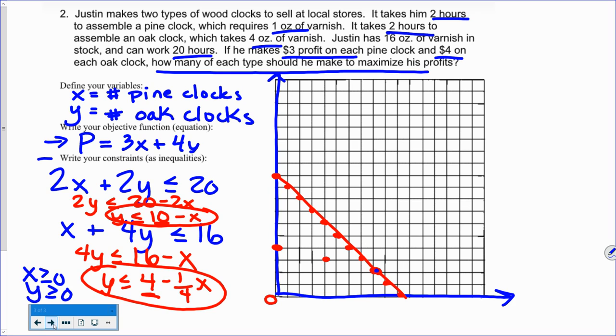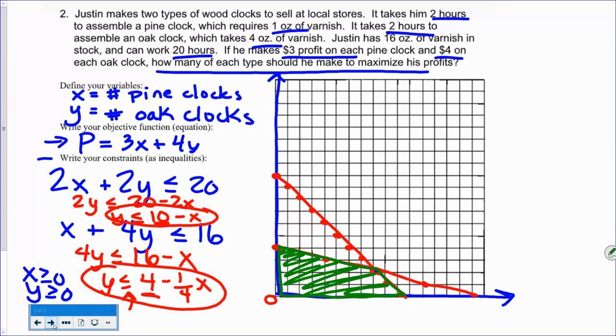Sometimes it's hard to see with all my colors, so I'm just going to mark that another spot. All right, that's also shaded underneath since it's a less than or equal to inequality. So the place that this is all going to fall in the region will be right in here.